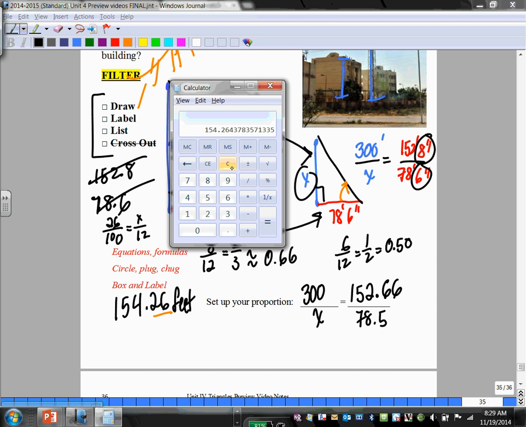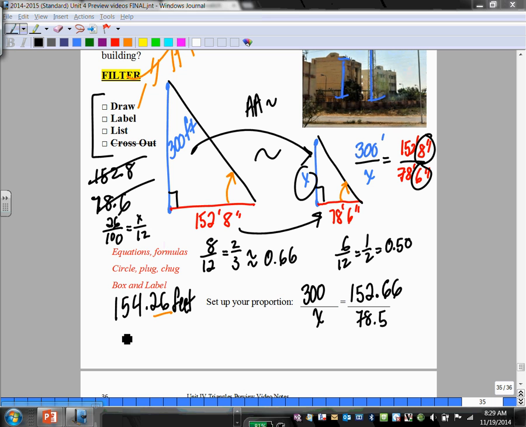So we cross multiply there, and we end up with 26 times 12 divided by 100. There it is. 26 times 12 divided by 100. And we're going to end up with 3 inches. So it's 154 feet, 3 inches.